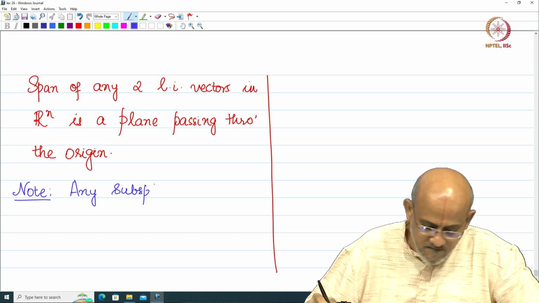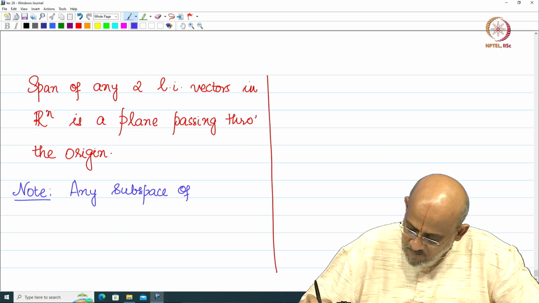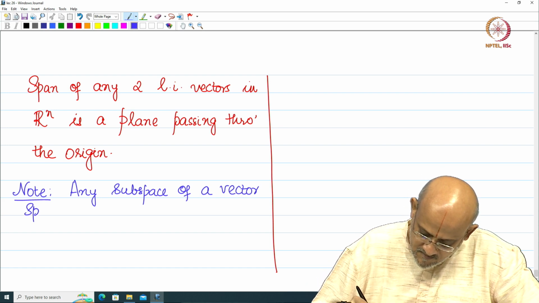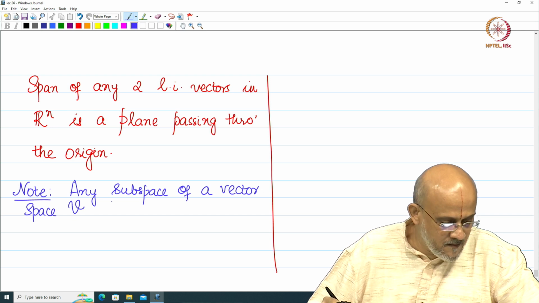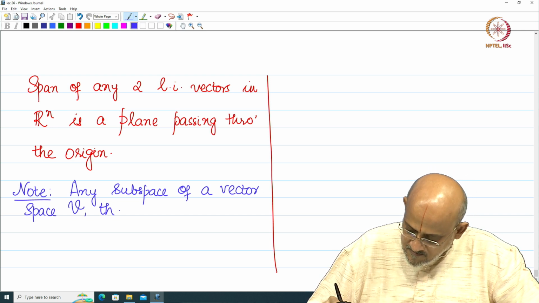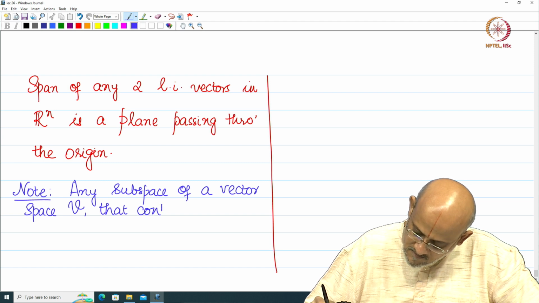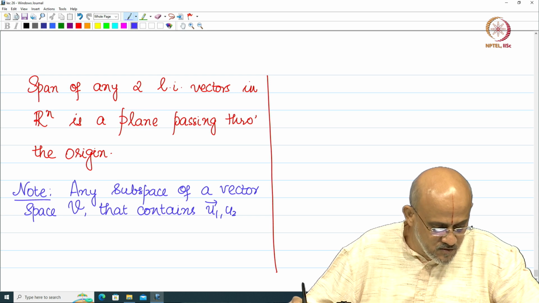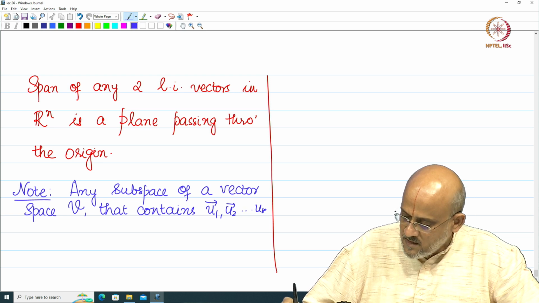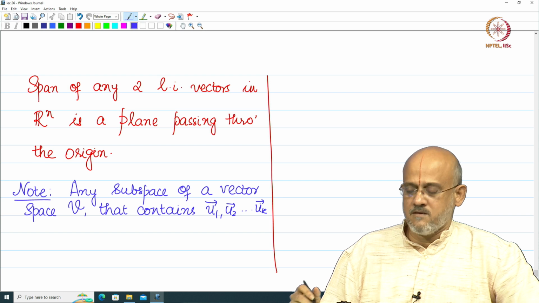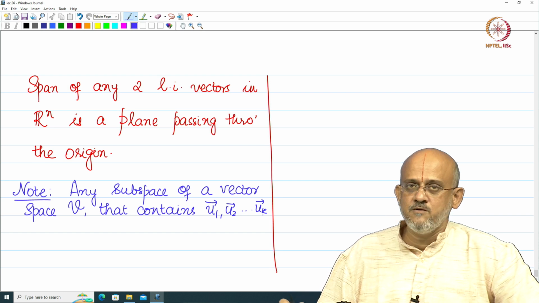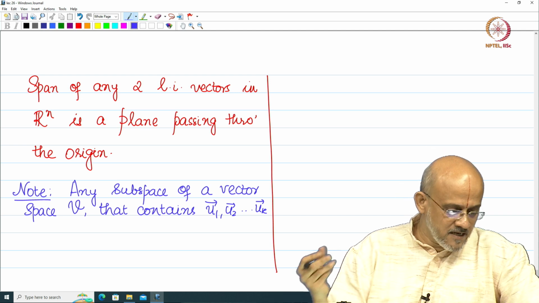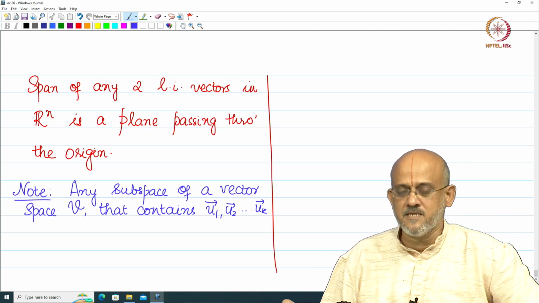Any subspace of a vector space V that contains the vectors u1, u2, etc., uk must definitely contain the span of u1, u2, uk, because the subspace contains all possible linear combinations of the vectors.